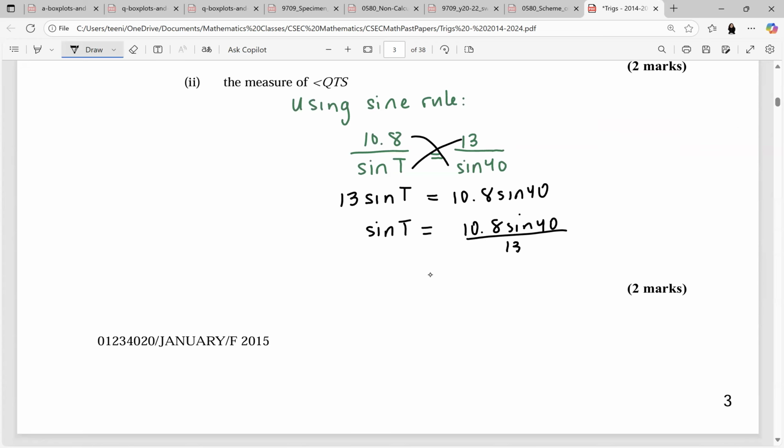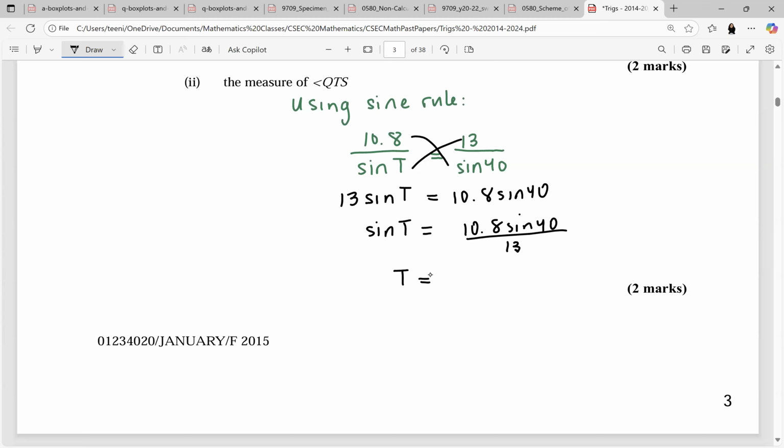Okay. Now what? 10.8 by 0.6428 over 13. Okay, so you worked it out.